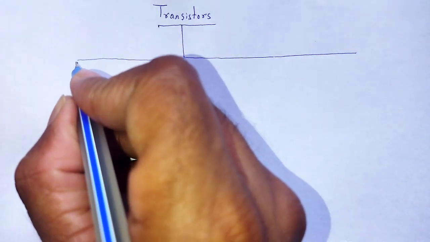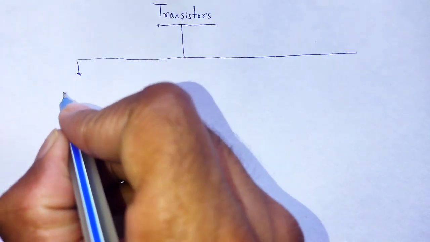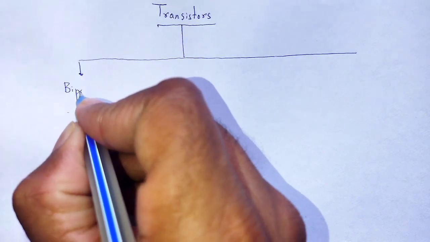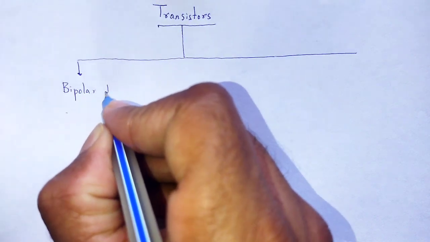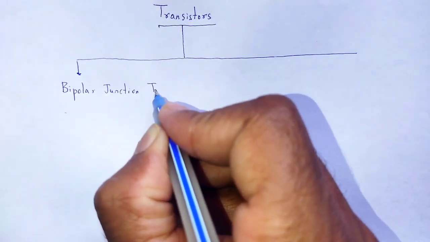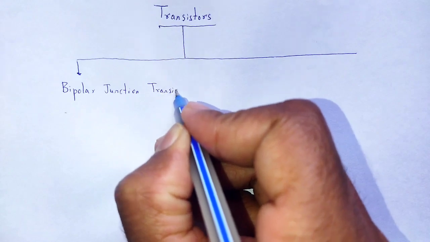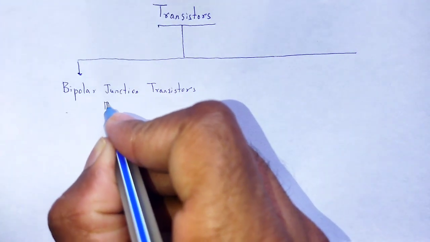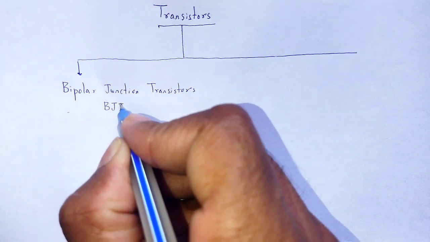One is bipolar junction transistors, termed as BJT.